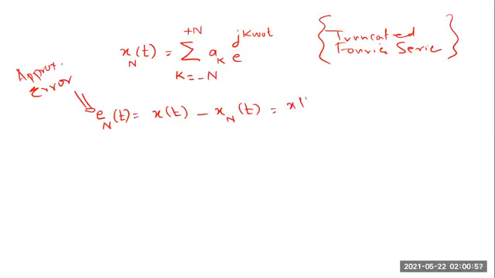So the original signal is x of t, and when I use the truncated Fourier series, which takes a finite number of terms in the summation, there will be some difference, and that difference is represented by this. Now, in order to find out how good this approximation is, we need to quantify the size of this error. So how much is the size of the error?